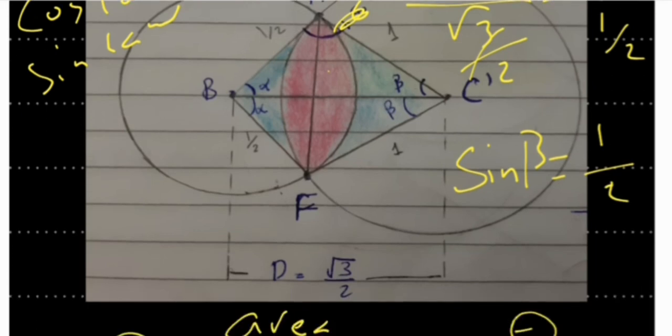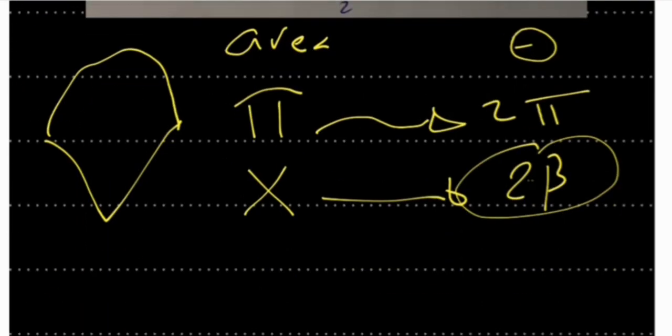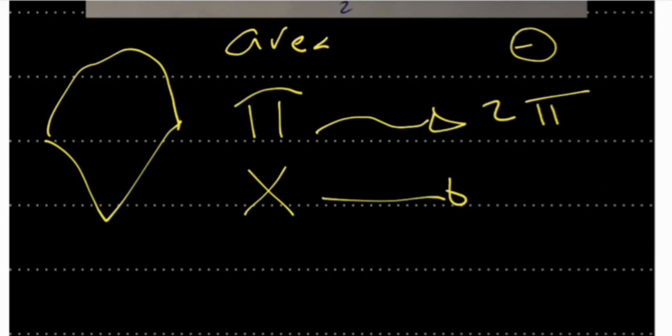Now if sine of beta is equal to 1/2, then beta is equal to 30 degrees. So this is beta. If beta is equal to 30 degrees, 2 beta is equal to 60 degrees. So in place of 2 beta we can put 60 degrees. Now 60 degrees is pi divided by 3.